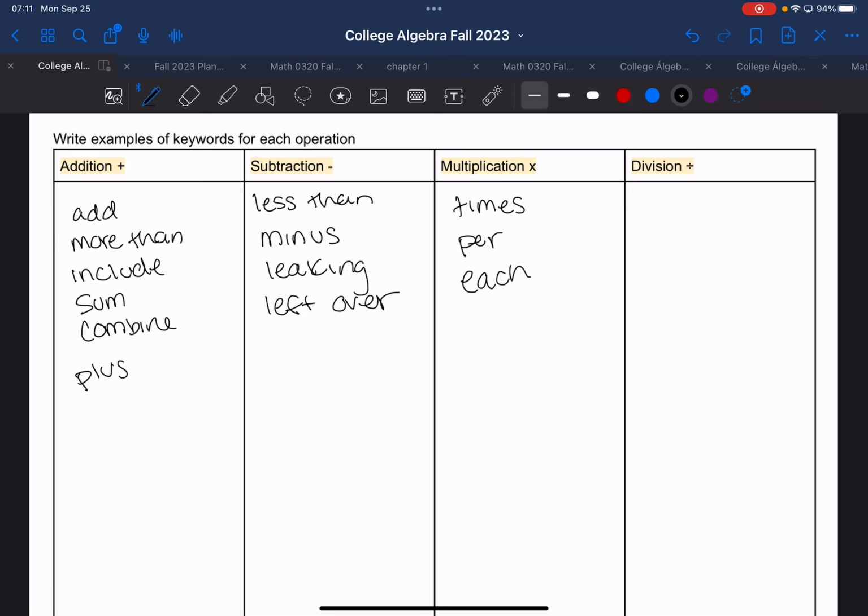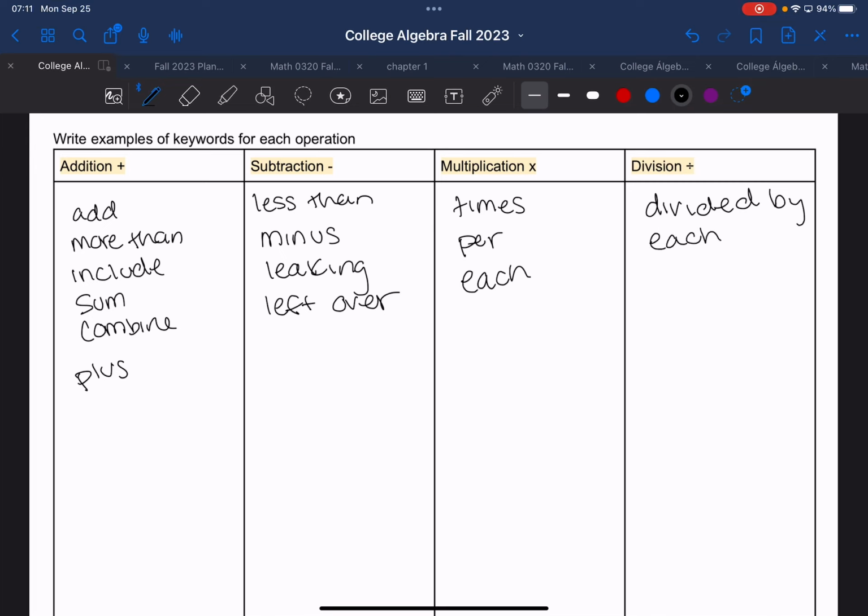Okay, what about division? Divided by. Any other ideas for words? Yeah, I guess it depends on how it's worded. So yeah, if it's asking how many does each person have, and you have to use that division. So yeah, we could use each again.